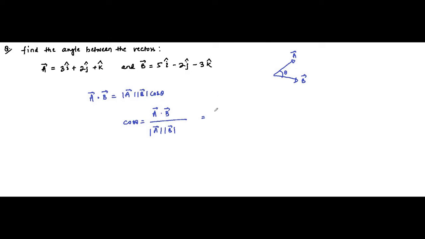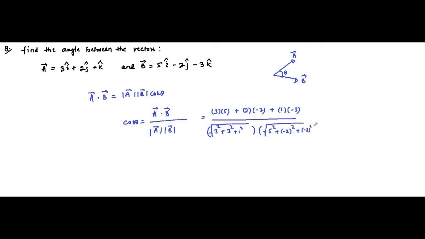So here it will be 3 into 5, x component of A multiplied with x component of B, plus 2 multiplied with minus 2, y component of A with y component of B, then plus 1 multiplied with minus 3, z component of A with z component of B. Then the modulus of both the vectors: 3 square plus 2 square plus 1 square for A vector, and for B vector it is 5 square plus minus 2 square plus minus 3 square, root over this.